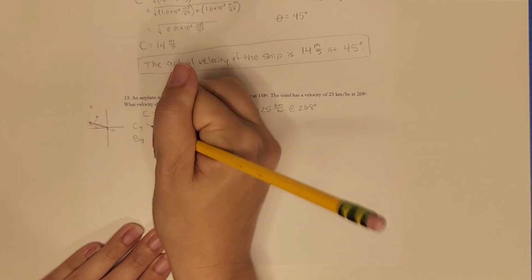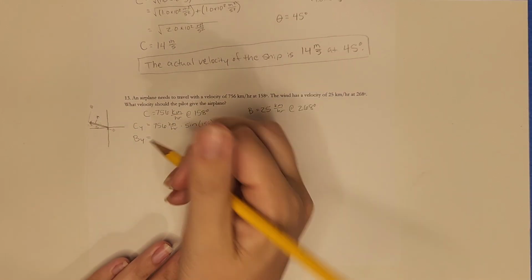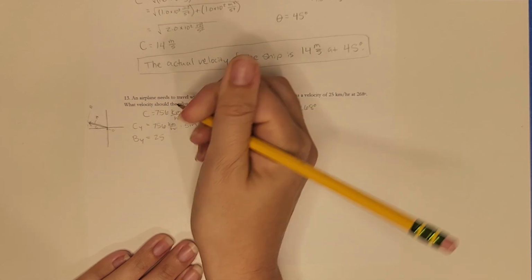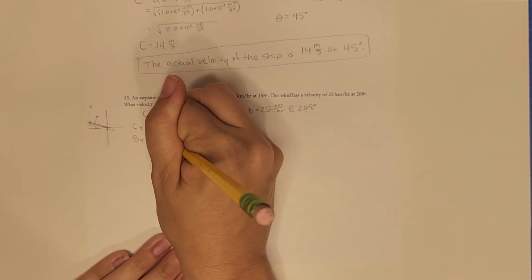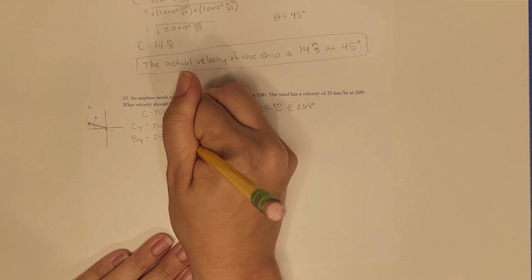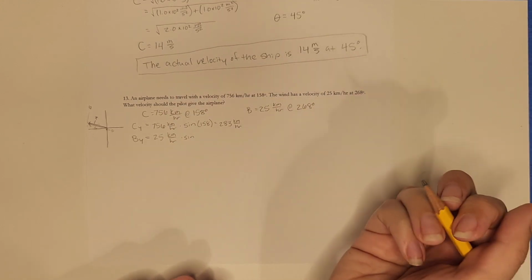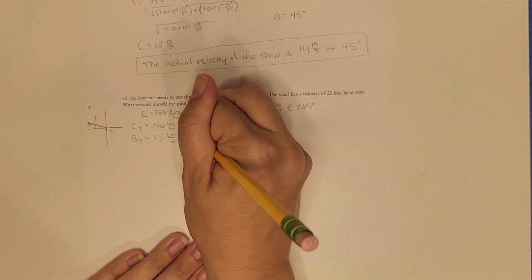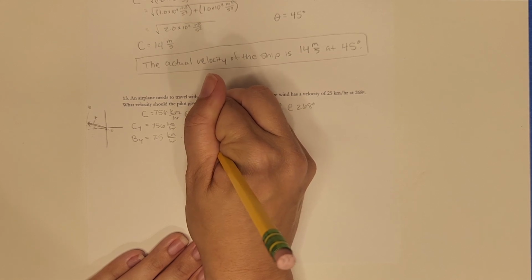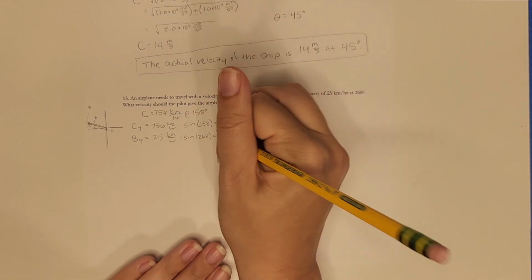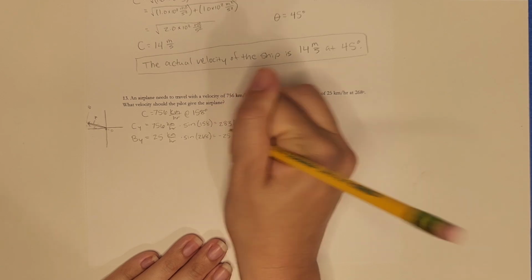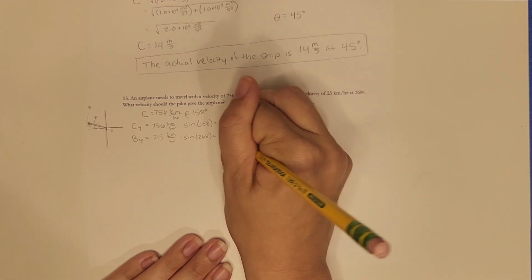For our Y for B, we get 25 kilometers per hour times the sine of 268, and we get negative 25 kilometers per hour.